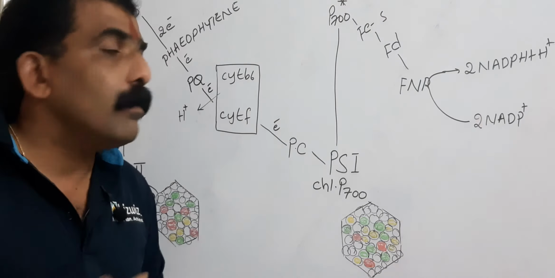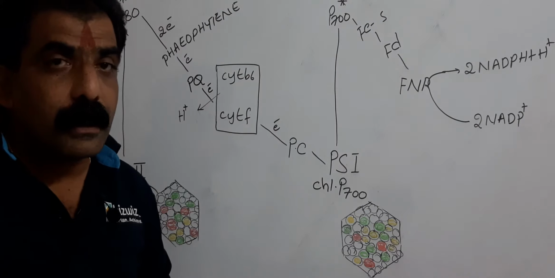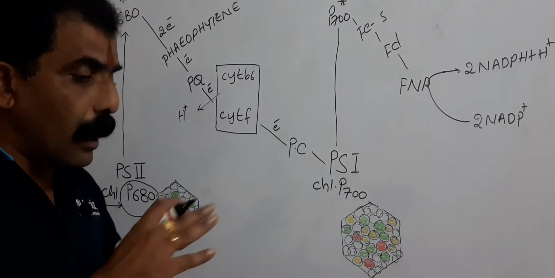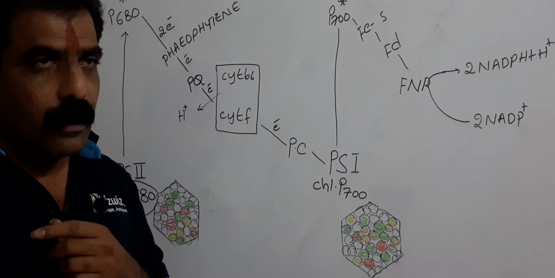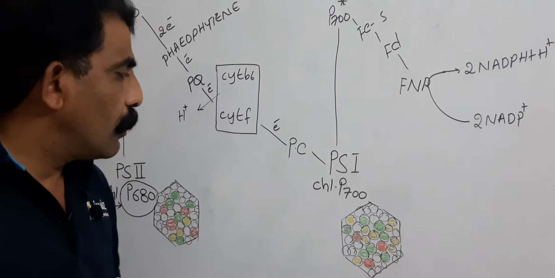So they can absorb the light of 700 nanometers. That is the absorption maxima. So they can absorb above 680, below 700, and the maxima is 700.